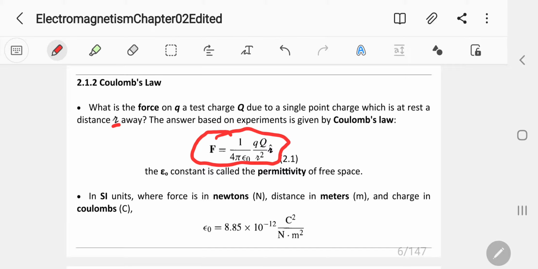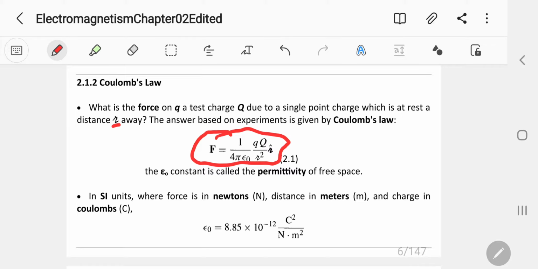So if you have 2 charges there, then the force would be equal to 1 over 4 pi epsilon sub 0, small q times capital Q divided by the square of the distance between the 2 charges. And you have to multiply by r hat because that's the direction of force. So if it's the force on Q2 exerted by Q1, then the r hat points from 1 to 2.